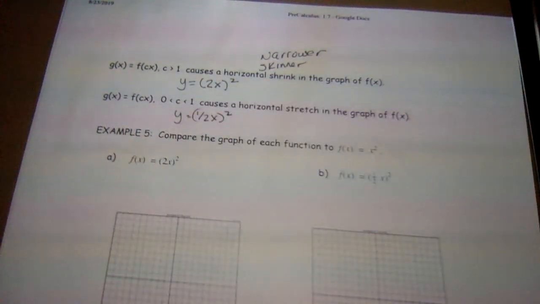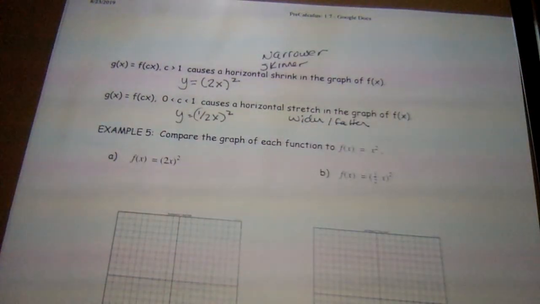And then if I take that 1/2 x and put it inside, again, if you square 1/2, you get 1/4. So instead of multiplying that x squared by 4, it's multiplying by 1/4, which is going to make it wider. And if you take that balloon, grab hold of the sides and stretch it, you're making it fatter, right?